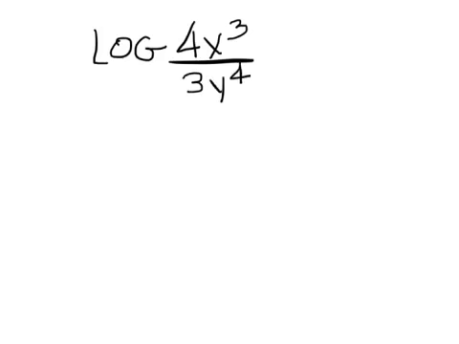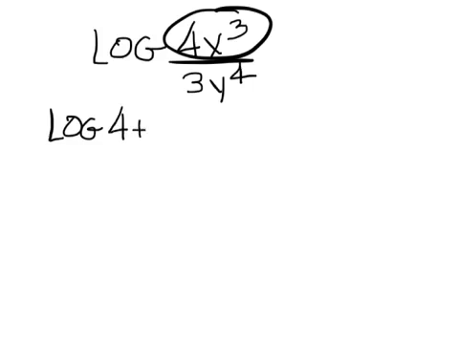Here's an example. Log 4x to the third over 3y to the fourth. Yes, we have division in there, but you can't do any subtraction yet. You have to break up the top, and that would be log 4 plus 3 log x, because this exponent can be moved out in front of the log here.